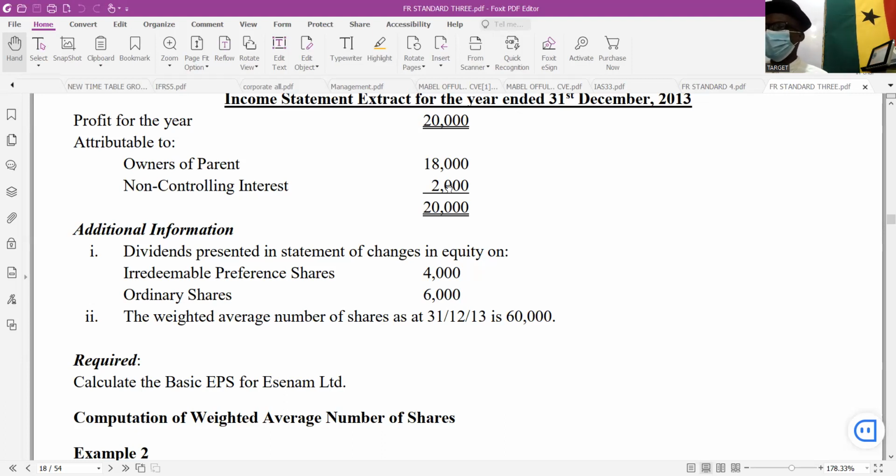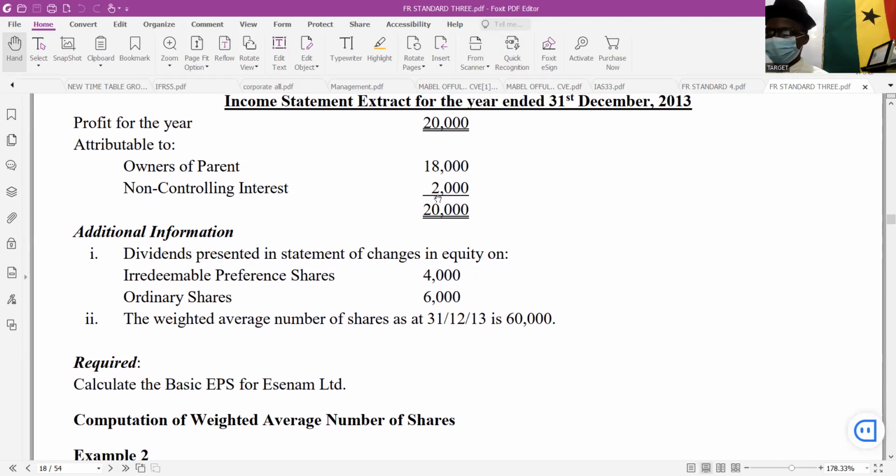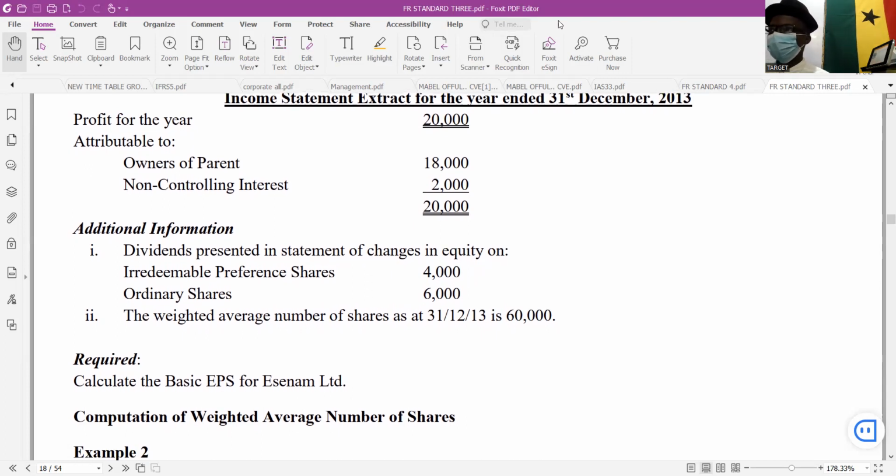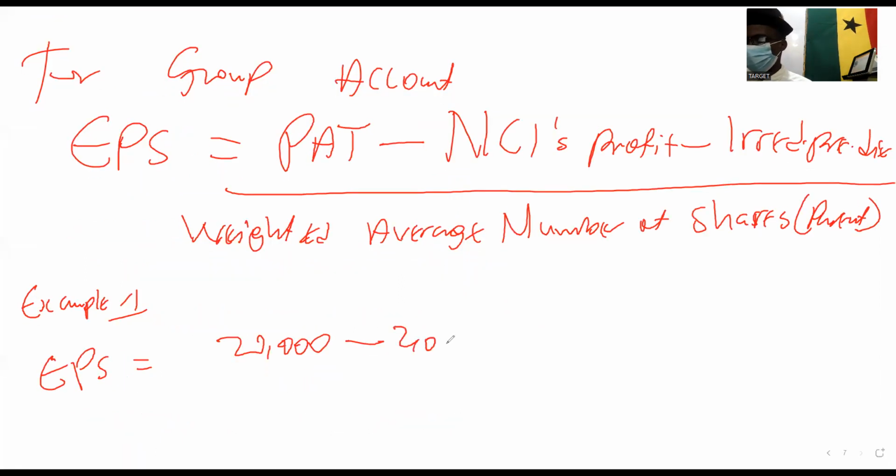So we are interested in the portion that belongs to the parent only. If the entire group earns 20,000, NCI 2,000, parents will earn what? 18,000. So shortcut only. You could have just picked the 18,000 to save yourself.